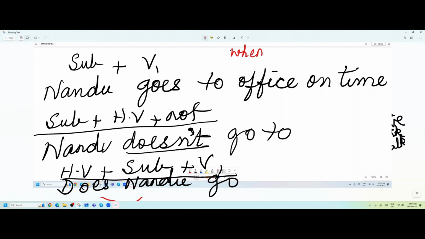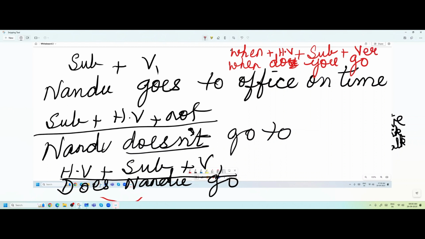When you are using a WH question, please put a helping verb first, depending on the tense. So, helping verb plus subject. So, when do you go to office?